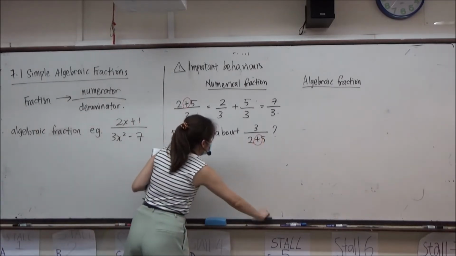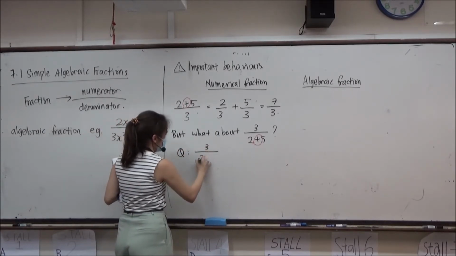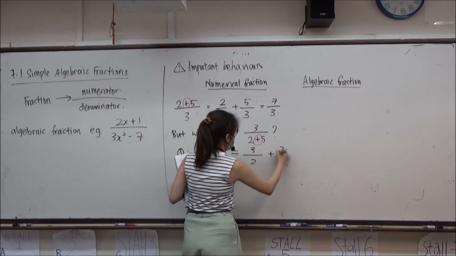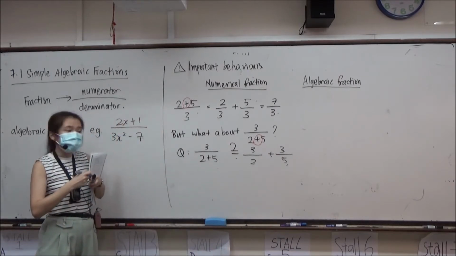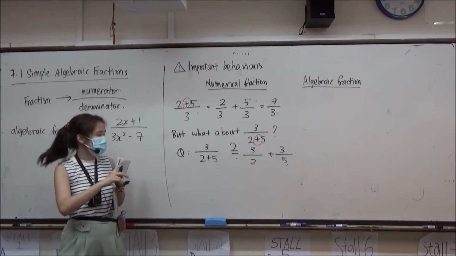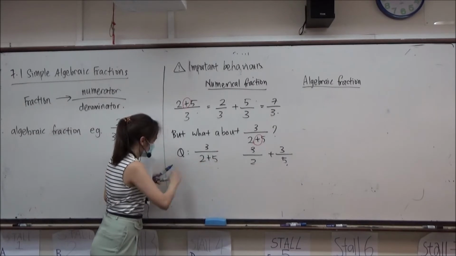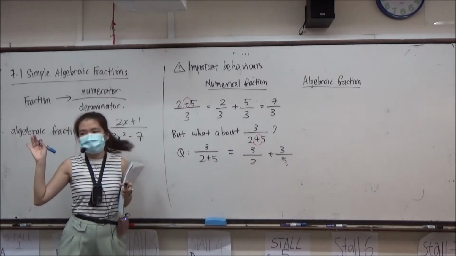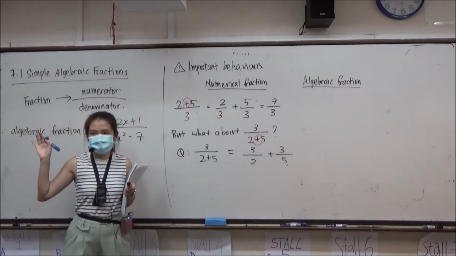So my question here is, is 3 over 2 plus 5 equal to 3 over 2 plus 3 over 5? How many of you think that way? Who thinks that this is actually equal? Anybody? Who thinks that it's not equal? Who is not sure?